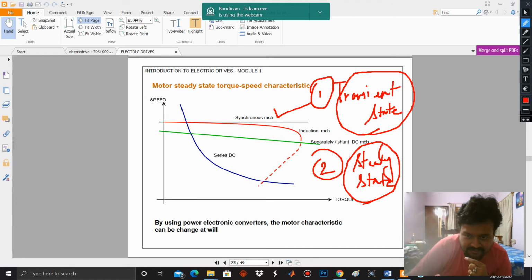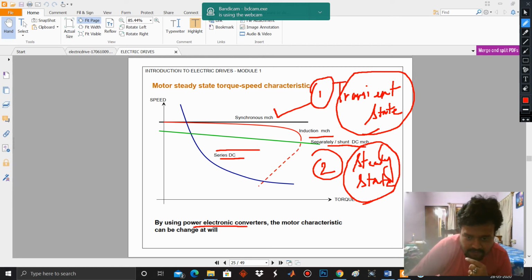Now this is the characteristics of induction machine, given by red. This green line represents the characteristics of a separately excited or shunt DC machine, and this hyperbola is the response given by a DC series machine.